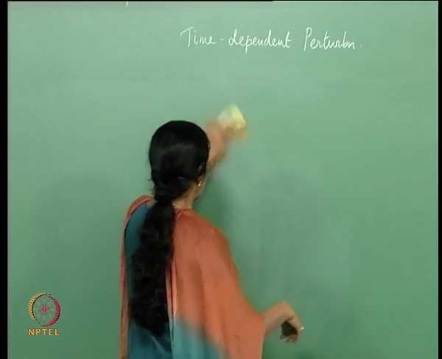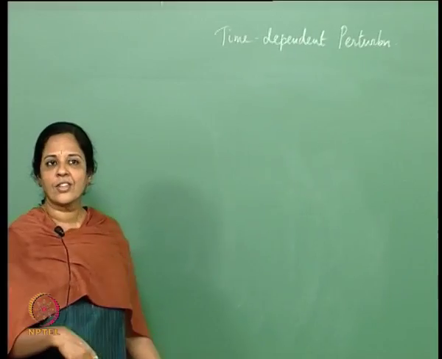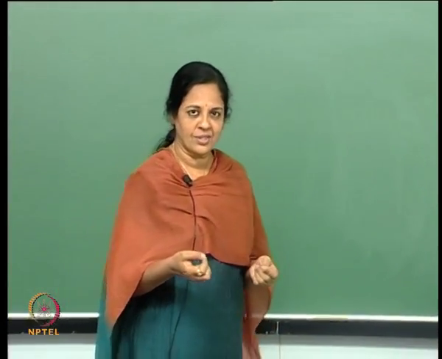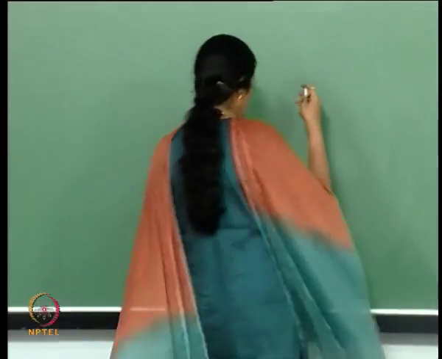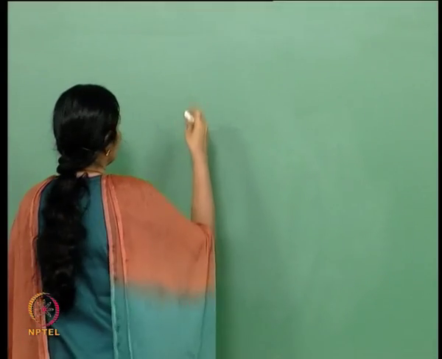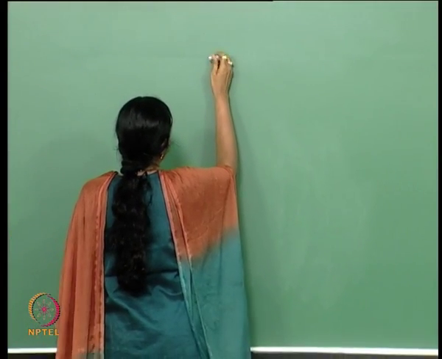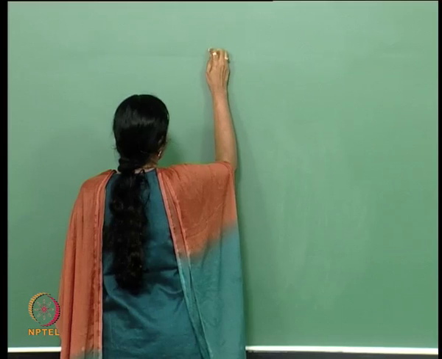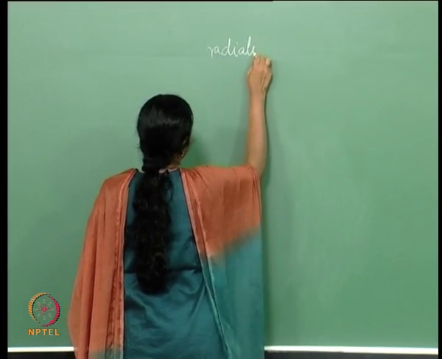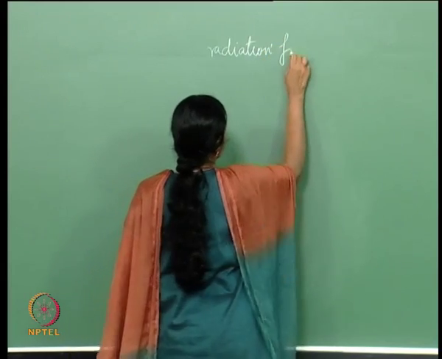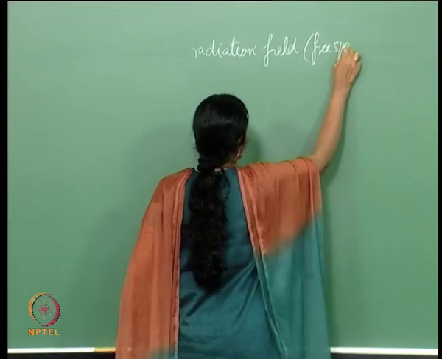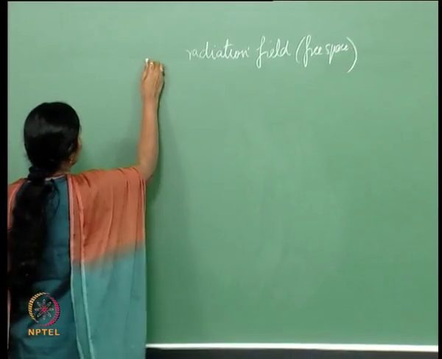So, today what I would like to look at is the laser atom interaction model, which I spoke to you about last. So, I would be looking at a situation first where I have a radiation field in free space, and it is a single mode radiation field.